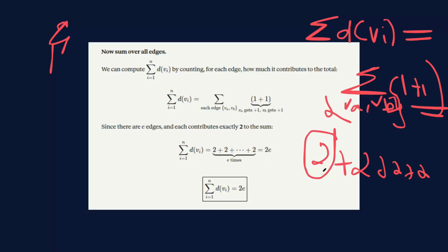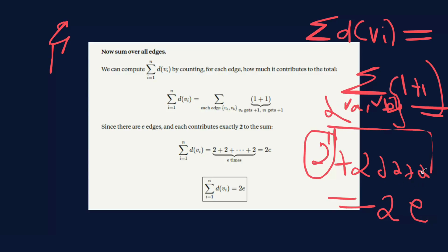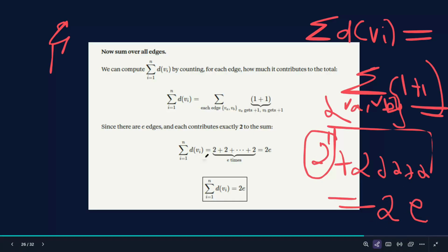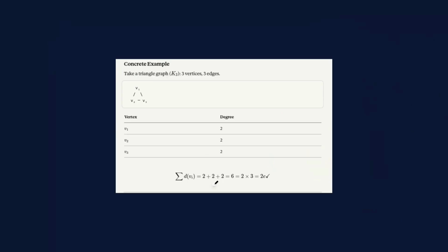This is nothing but 2 times the number of edges. 2 times 4 is what we are calculating here, right? So we can say that it is nothing but 2 times the number of edges. So the total degree of the vertices is 2 times the edges. Here we have proved this theorem, right?